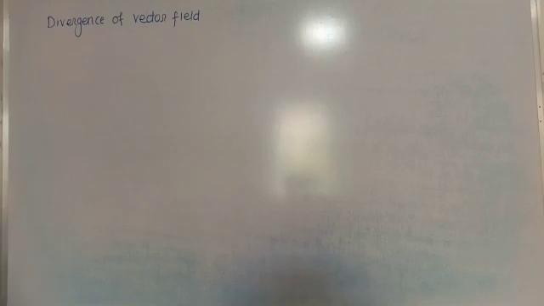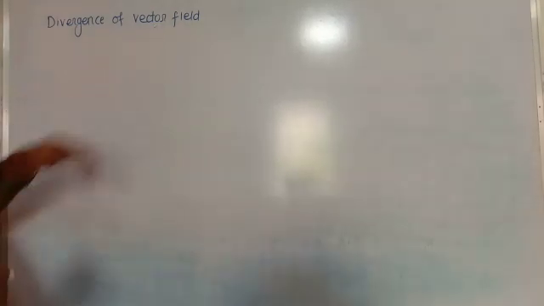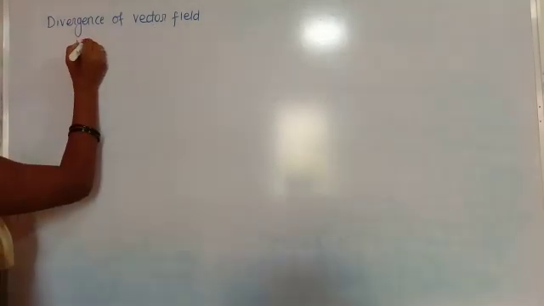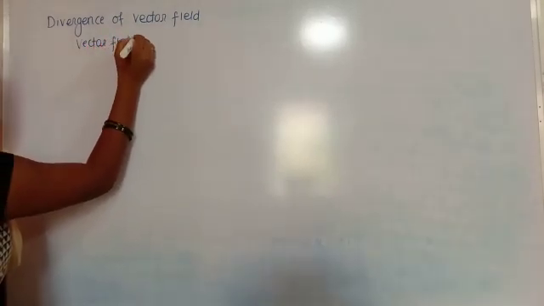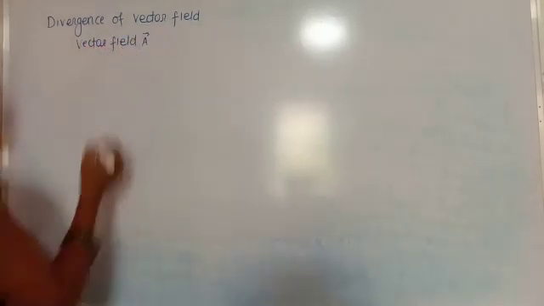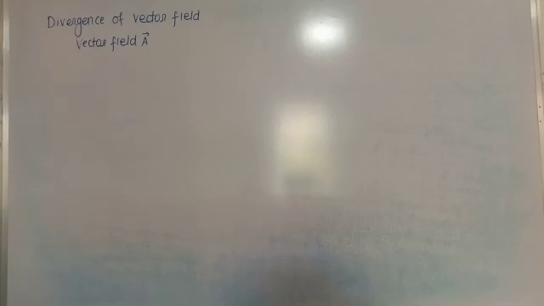So consider a vector field A. Here it is a vector field, that's why we consider the vector field A. The magnitude and direction of which is a function of the position coordinates at the point.